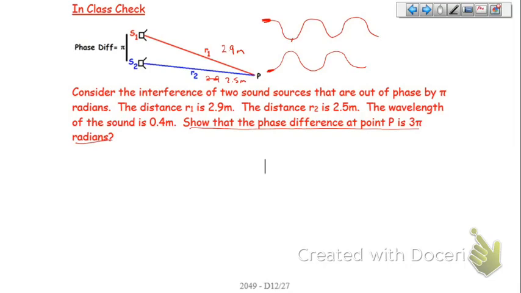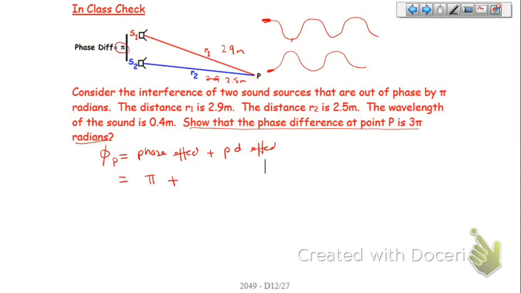My phase difference at P is equal to my phase effect plus path difference effect. I know my phase effect is pi radians. It tells me that. Plus then my path difference effect.